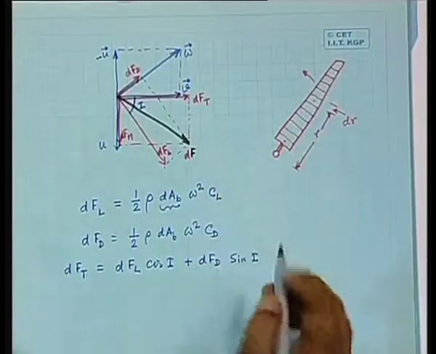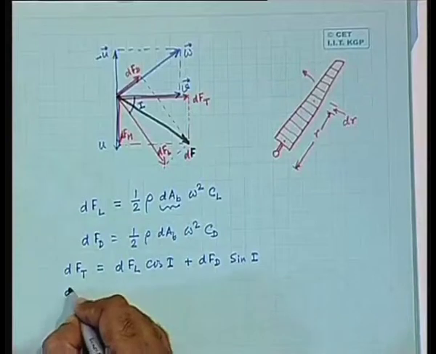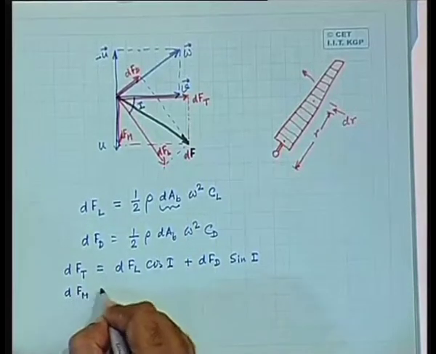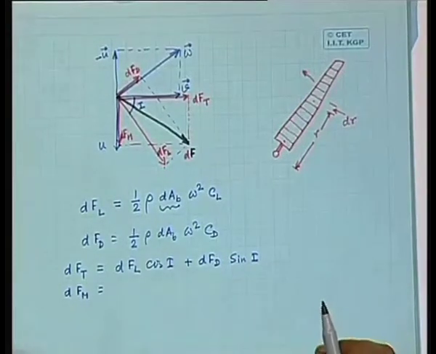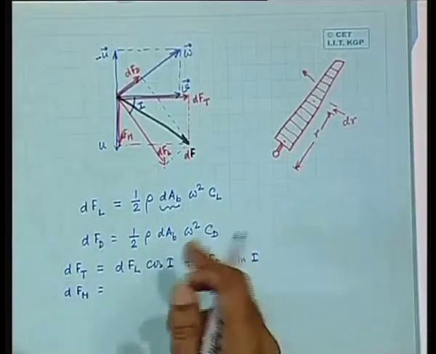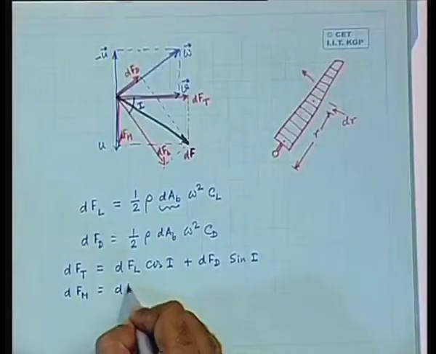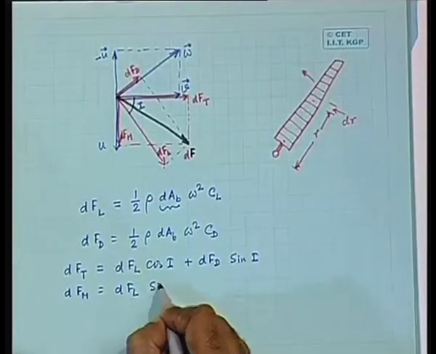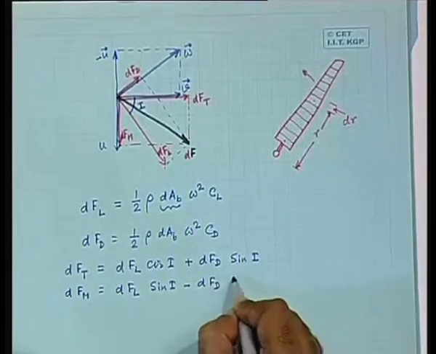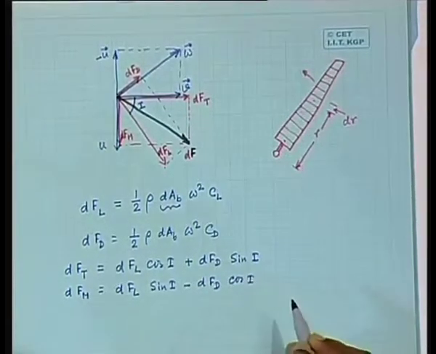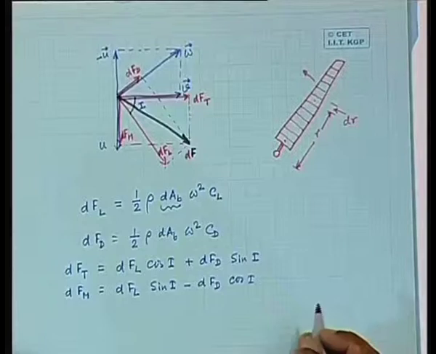So that is the thrust, fine. Now dFM will be this force, yes, dFL sin I minus, yeah, dFL sin I minus dFD cos I, right.